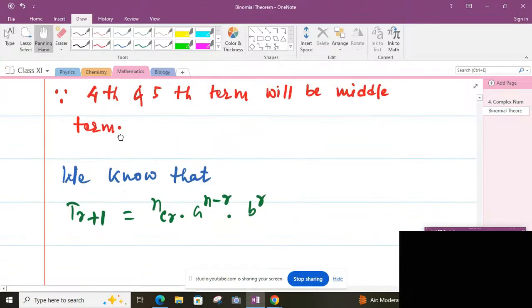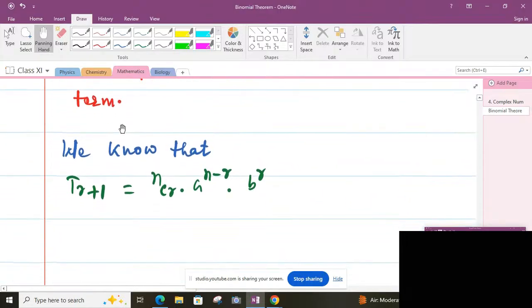So in the first case here, r plus 1 will be fourth.